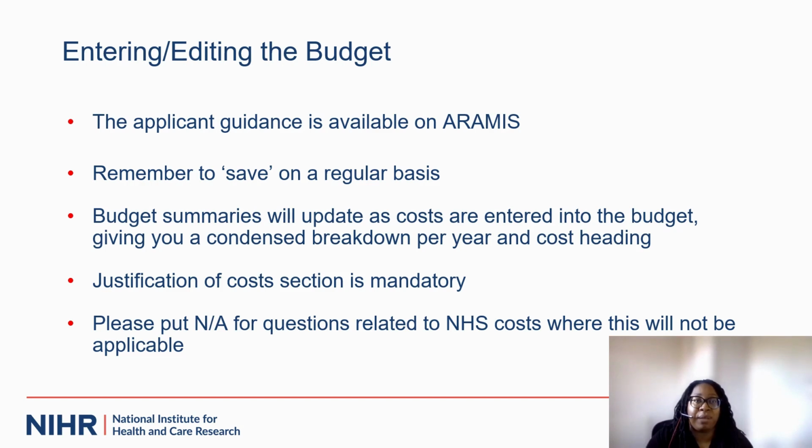It's worth double checking as you're putting in each section that the costs are correct and you haven't had any data entry issues. Or, as we said, you can get a summary of the different section headings as well as the total amount being requested at the bottom of the page as you're entering the budget.